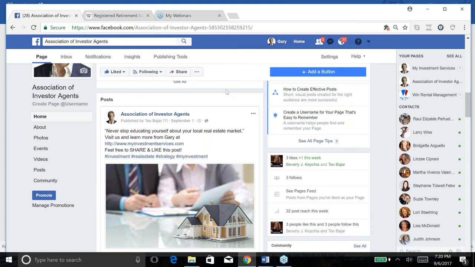Now, I think it was in July where Jody started putting things out here. I asked her, I said, look, I think we need to start using this. And nobody really knew it was out there. In fact, like I said, I kind of forgot. So here it is right here. This is the Association of Investor Agents on Facebook. Every one of you can join it.